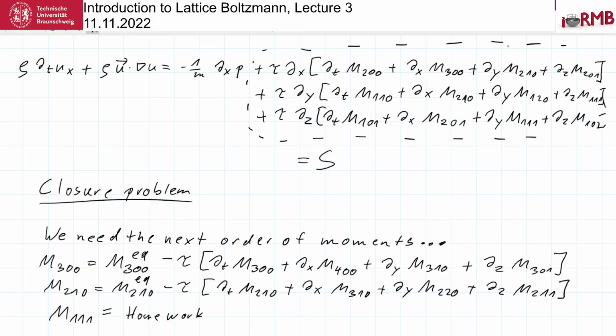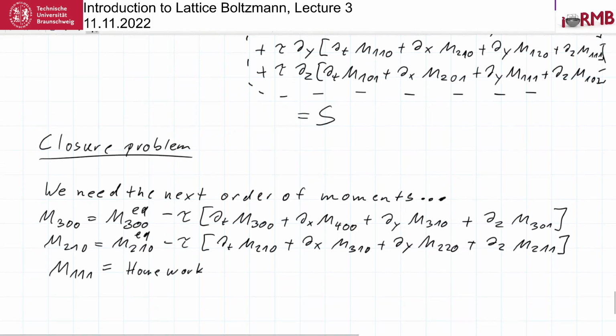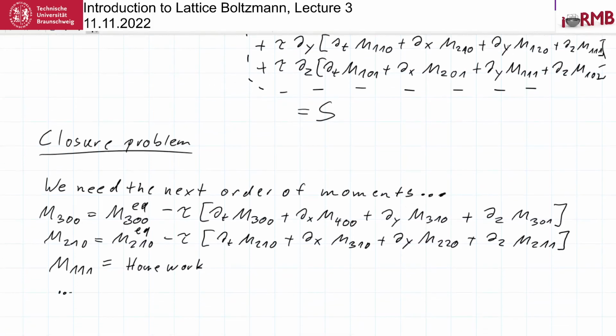So now you hopefully understand that you have these equations which depend on yet higher moments, and in order to calculate these yet higher moments, you need the moments at the next order, which would be the fifth order, and this will go on forever.